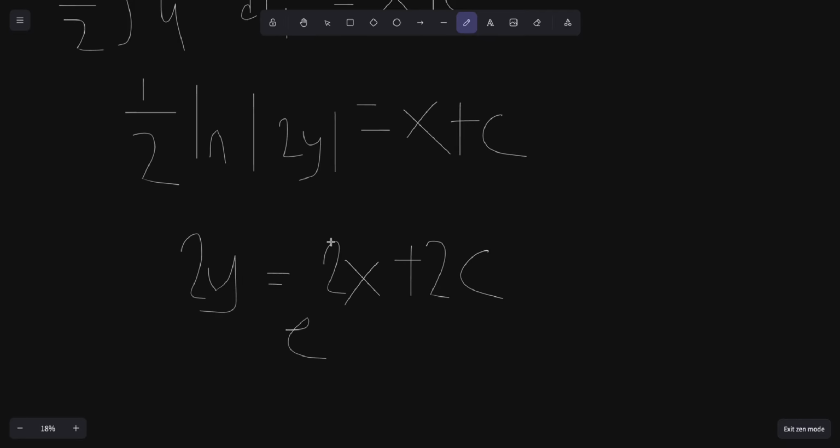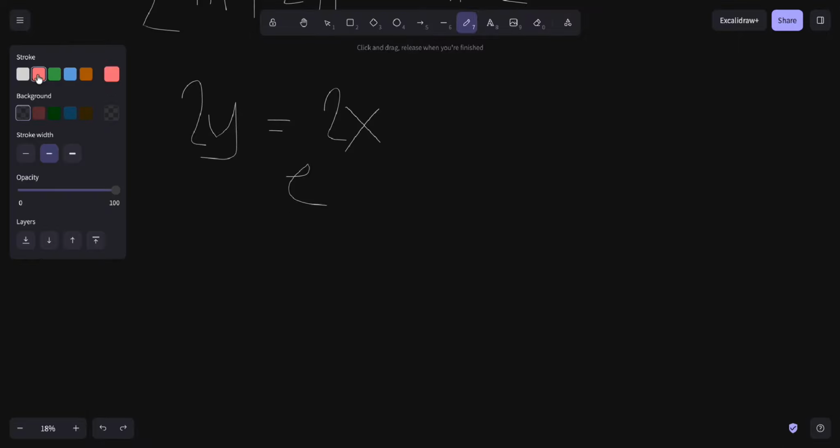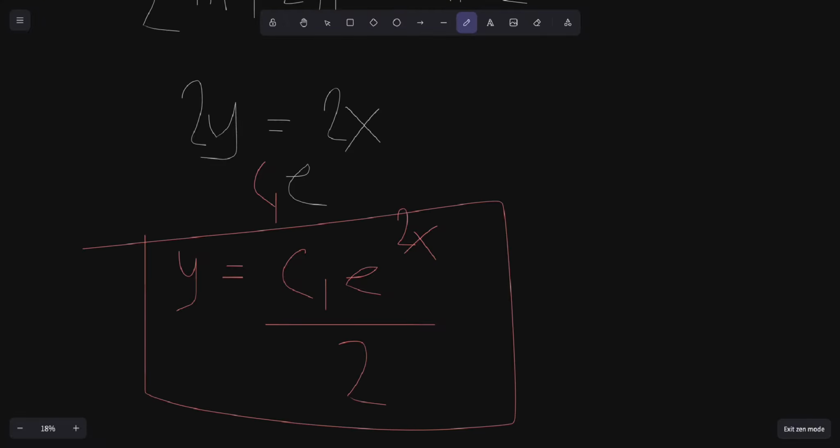Notice how this plus 2c right over here is just going to be another constant, like we said earlier in the video. Let's just call this big C. And then we divide both sides by 2, so we get that y is equal to all of this divided by 2. And there is going to be our solution.